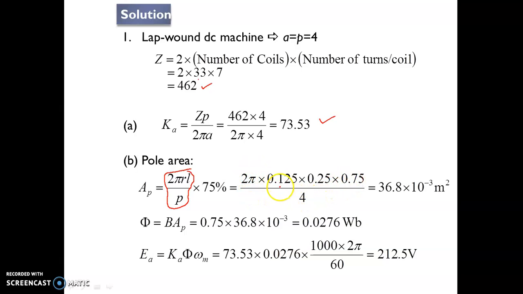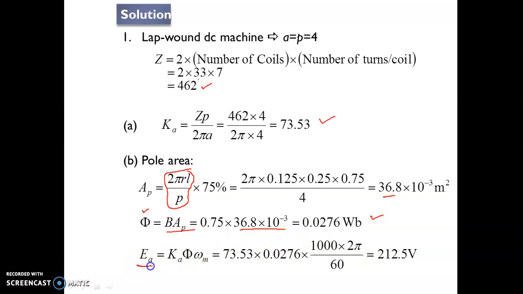Putting these values, you will get this much pole area. So flux will be equal to B into the pole area. B is given in the question, 0.75, multiplied by the area just calculated here. So it will be this much Weber.